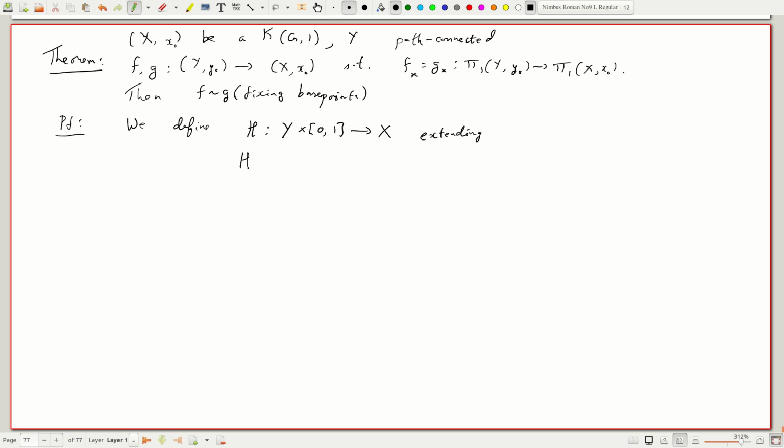We know H of y at 0 is f of y, and H of y at 1 is g of y, and at all base points, if I'm looking at the base point y0, H of y0, s is going to be equal to just the base point, which is x0. This is for all s in 0, 1, and in both these cases for all y in Y.